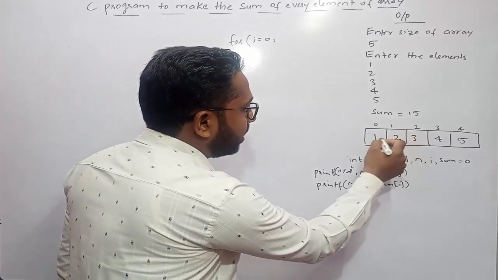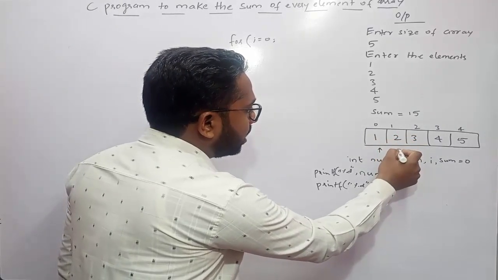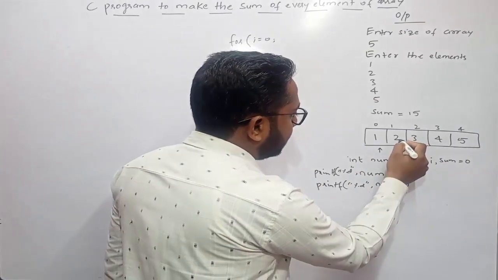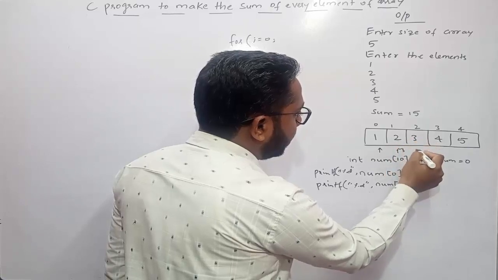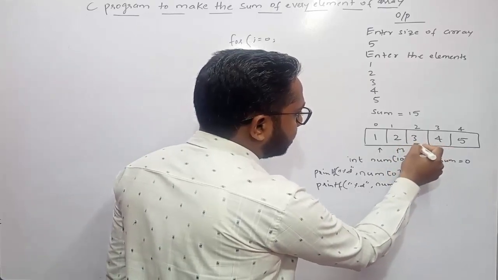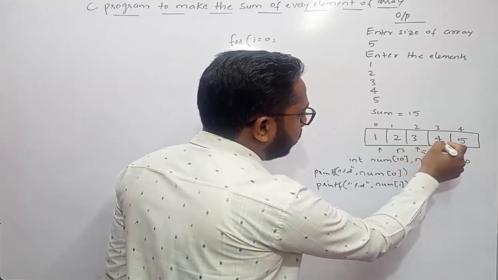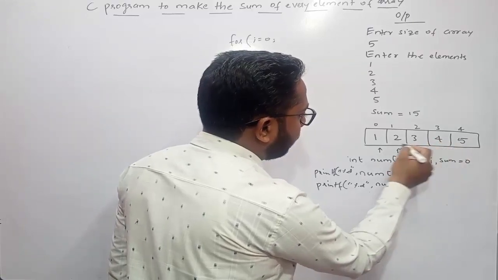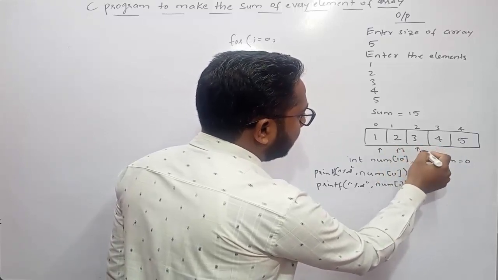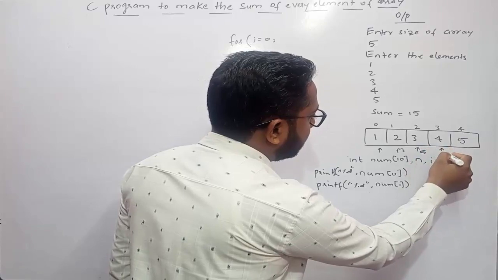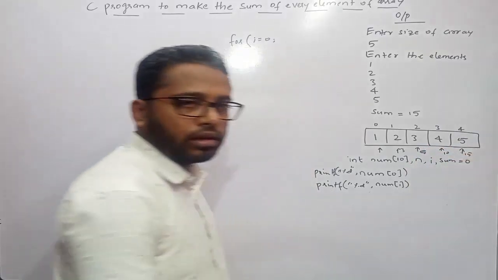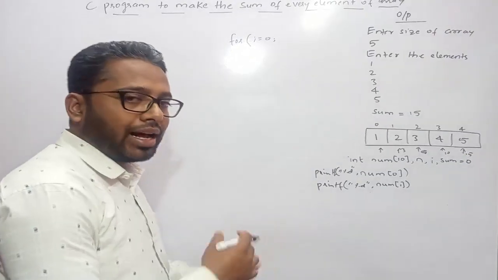I will add 1 with 2, then I will get 3, then I will add this 3 with 3 to get 6. Then 6 plus 4 gives 10, and then 10 plus 5 gives 15. So like this I will keep on adding.